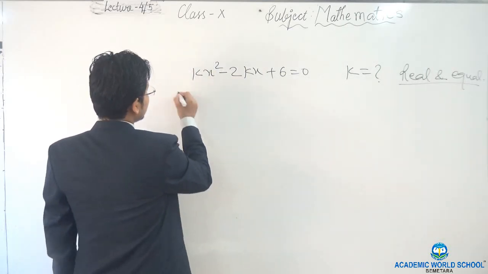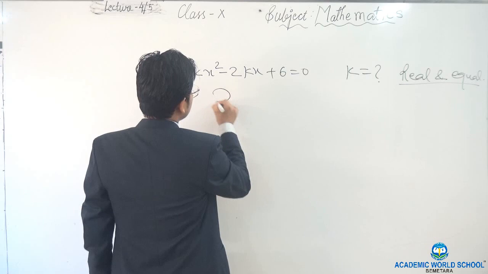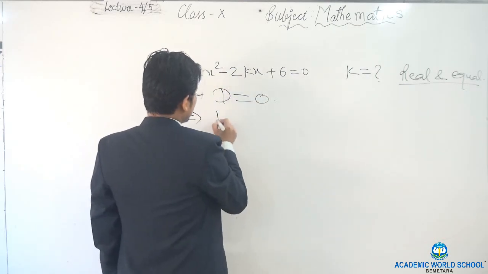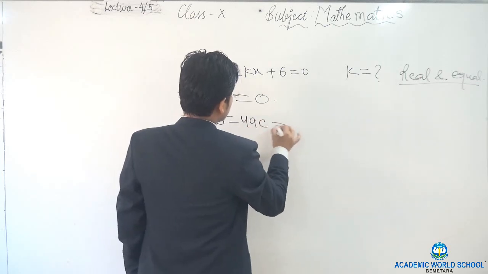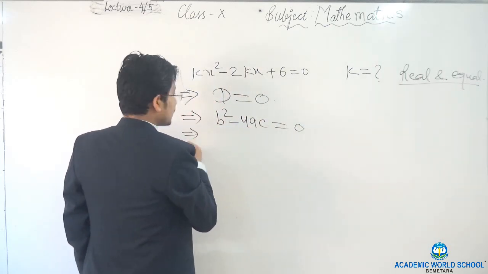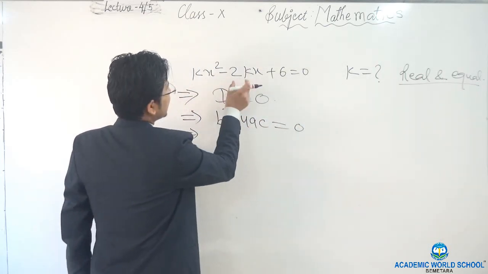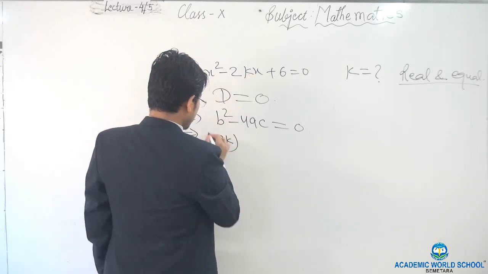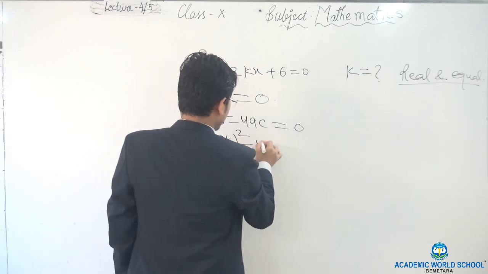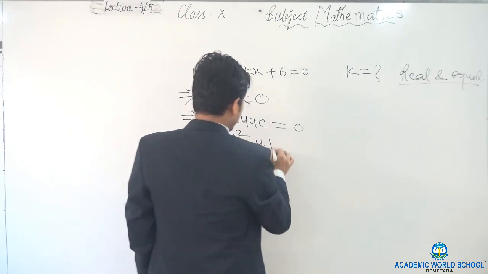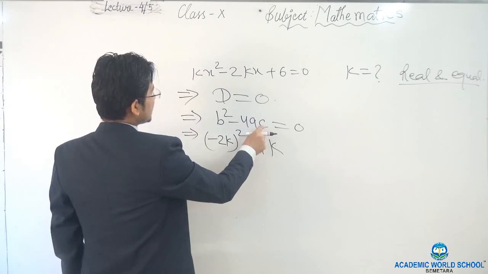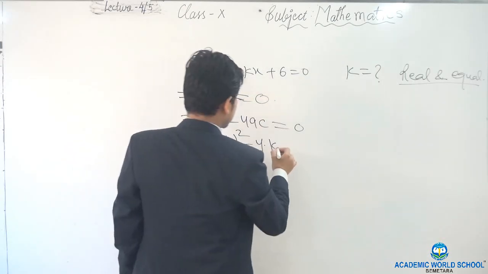So we know that for real and equal roots, D should be equal to 0. So what is D? D is equal to b square minus 4 into a into c, which should be equal to 0. Now the value of b is minus 2k, so b square is minus 2k whole square, minus 4 into a, that is k, into c, and c is 6.